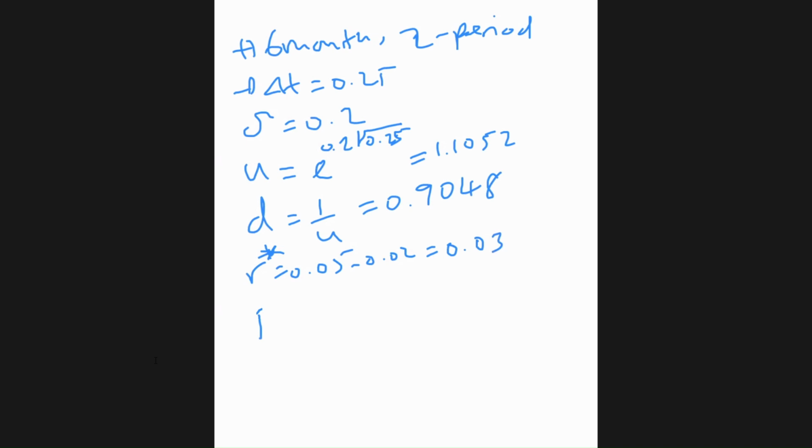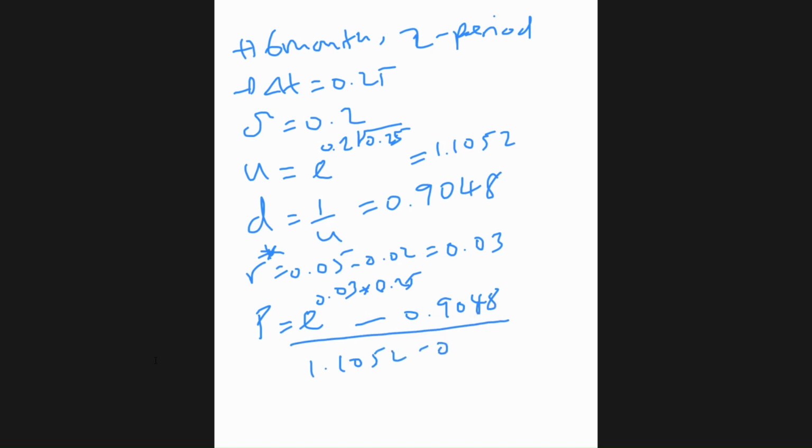So P, which is the probability of the price going up, is the exponential of R, which is 0.03, times T, which is 0.25, minus D. D is 0.9048, divided by U, which is 1.1052, minus D, which is 0.9048.